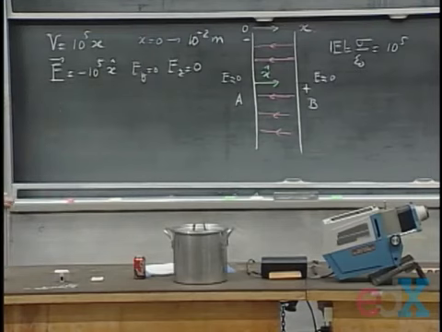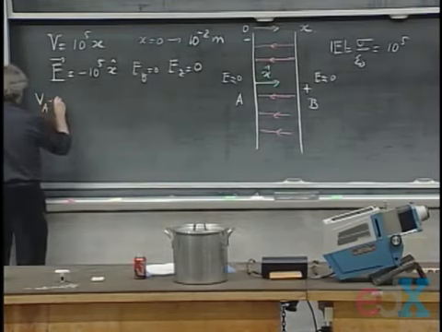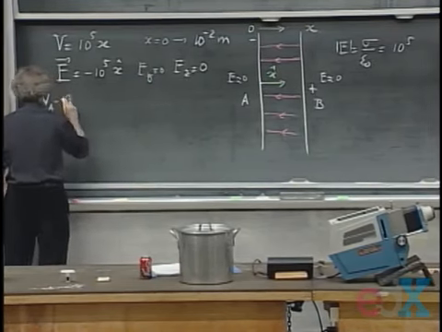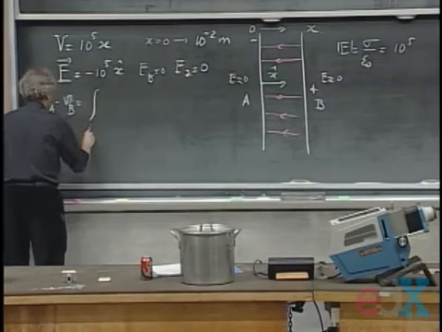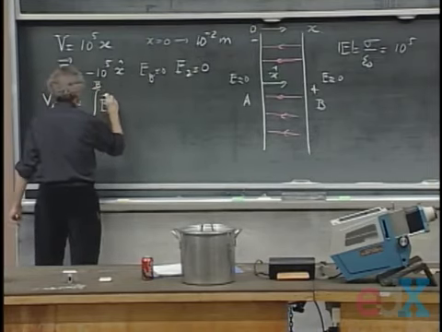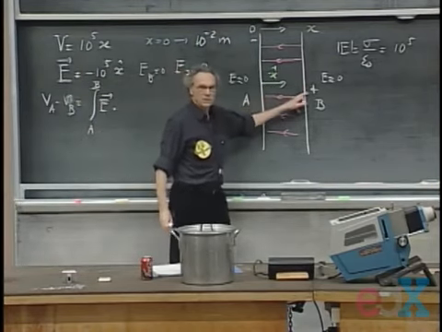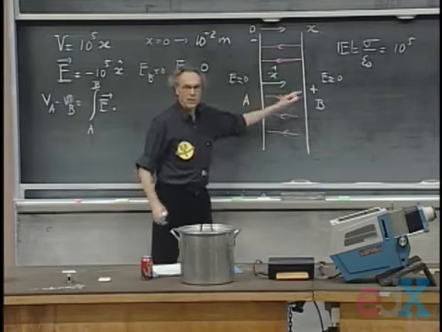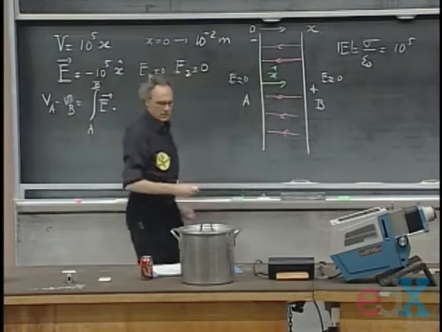What now is the potential difference? Well, VA minus VB is the integral in going from A to B of E dot dl. Well, I go from here to here, so for dl I write down dx, of course, because I call that the x direction now.